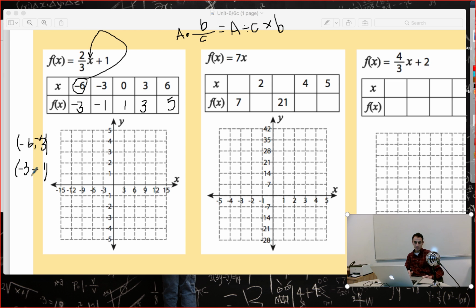Actually, here we have a comma. And the third point is 0, 1. This is our 0. This is 1. Okay. And the other point is 3, 3. Yes, 3, 3. And another one is 6, 5.